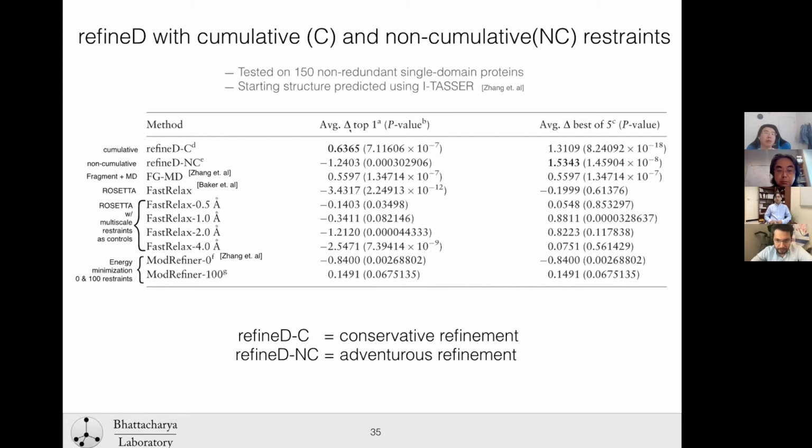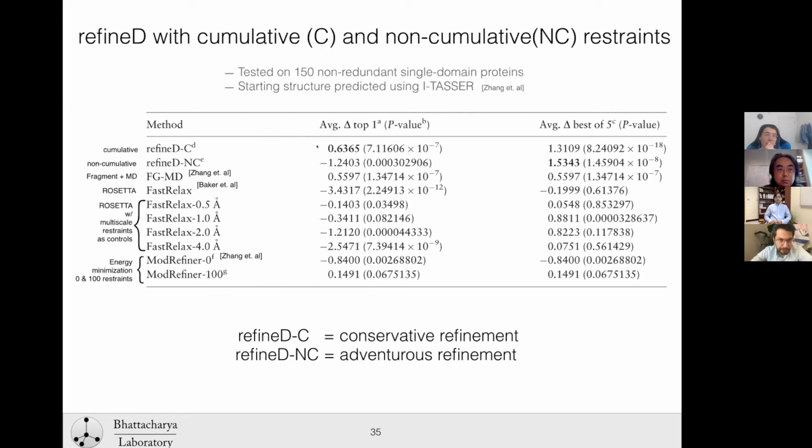We looked at the average delta score change of the top 1 and the best of top 5. It turns out when we look at the top 1, refined cumulative leads to a more consistent performance. It in fact delivers the best average delta compared to all other methods, and it's statistically significant.